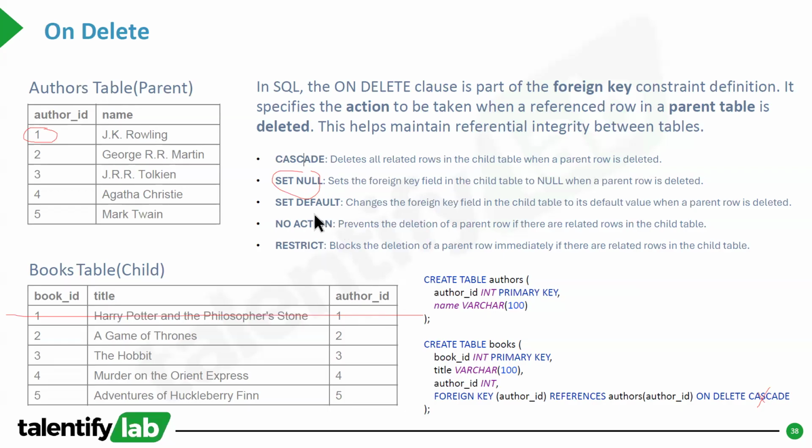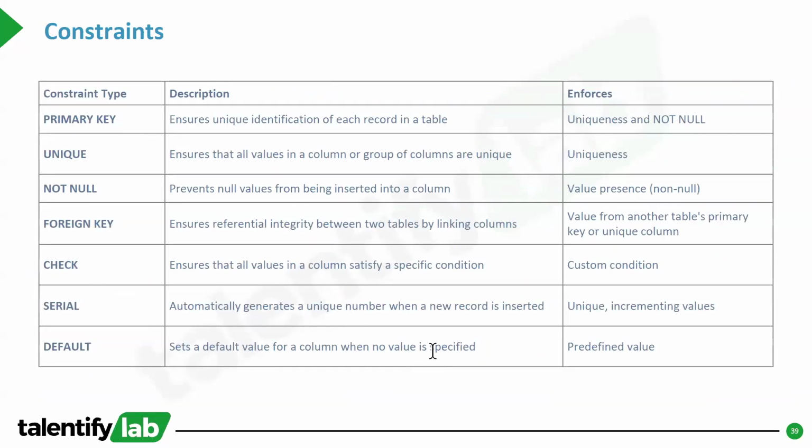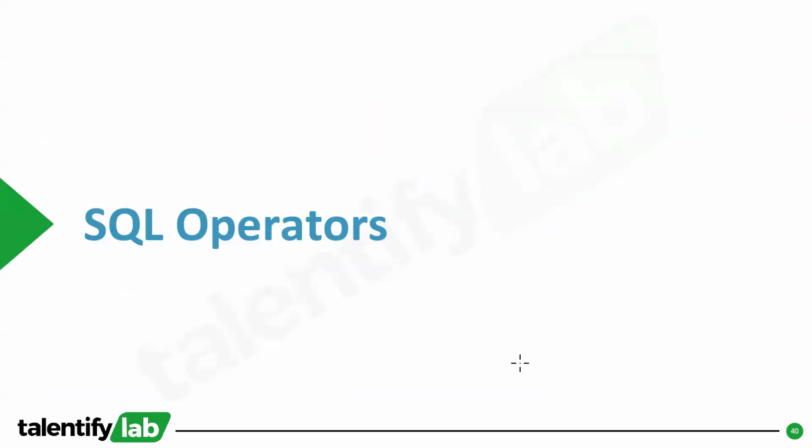These two are the same, restrict and no action. If we have a relation between them, you cannot delete the parent, but you can delete the child, because the child is connected to the parent. Okay, these are our main constraints.